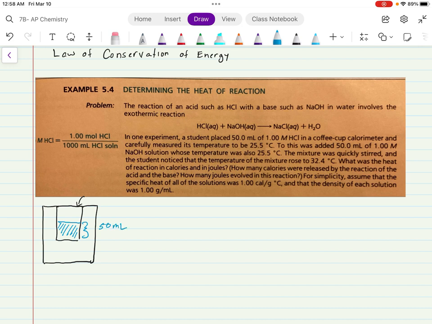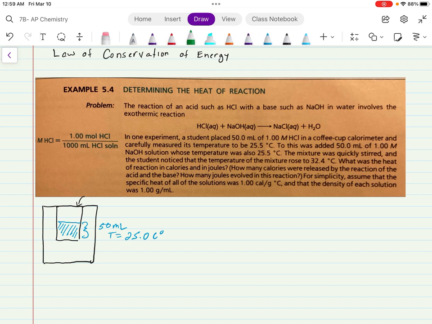Okay. Now, at this point, temperature equals 25 degrees Celsius. The mixture was quickly stirred. And then added was 50 mLs of 1 molar HCl. So then to this solution was added 50 mLs of NaOH.